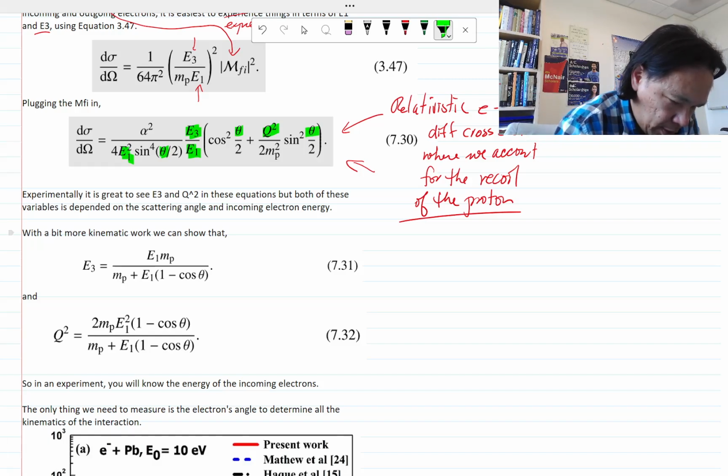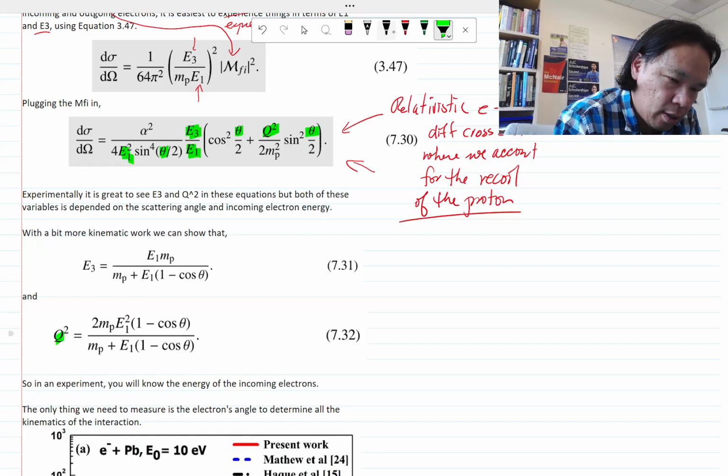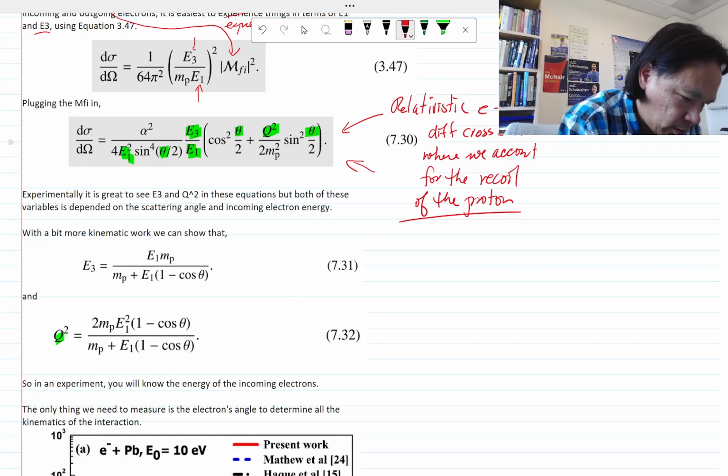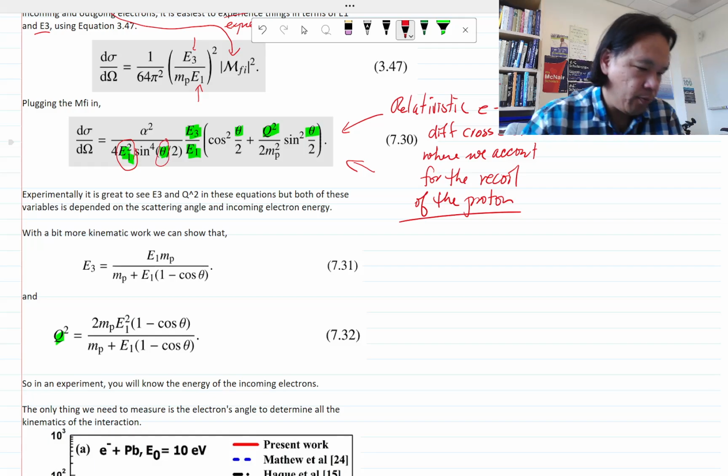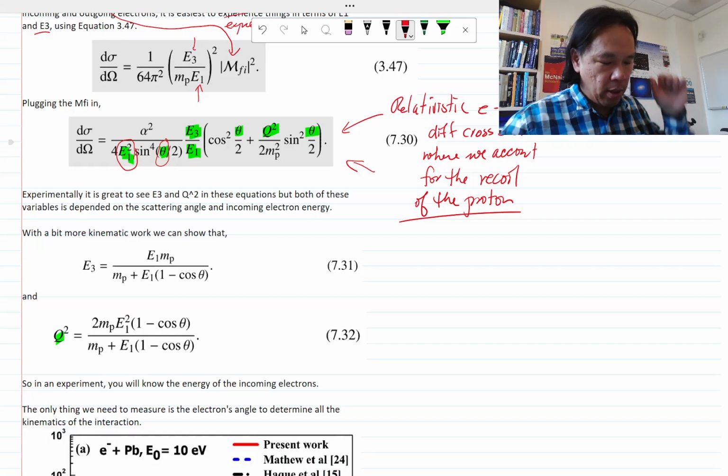What's actually happening is that E3 depends on all the other variables, and so does Q square. So essentially you really only have two independent variables in this equation. I'm going to circle them in red: the incoming electron's energy and the scattering angle. Once you have those two variables measured, you can know everything about the scattering.